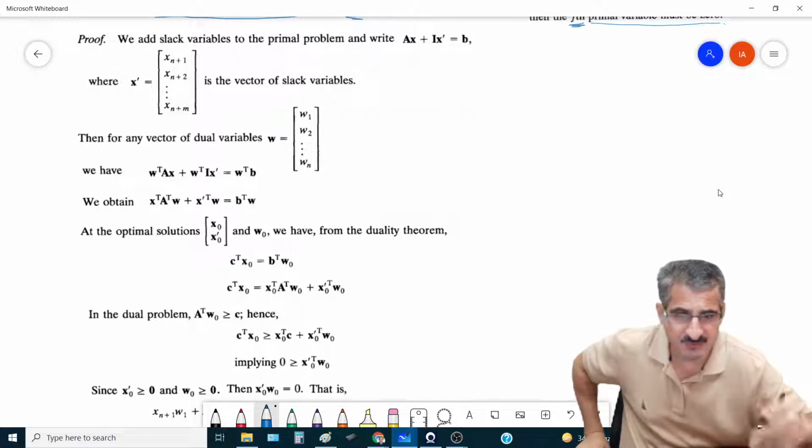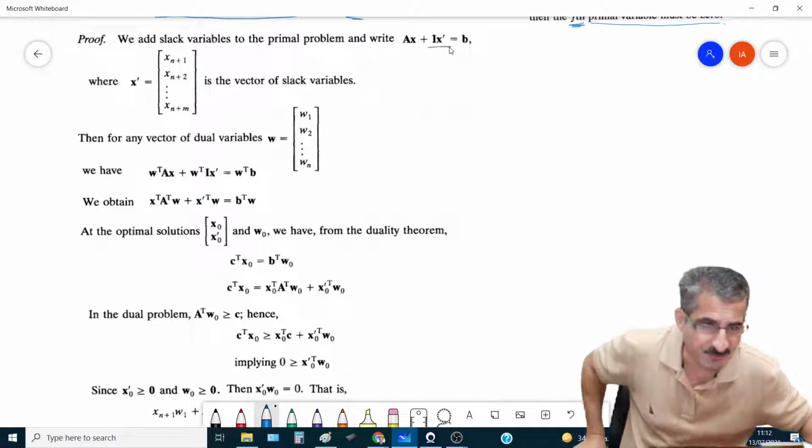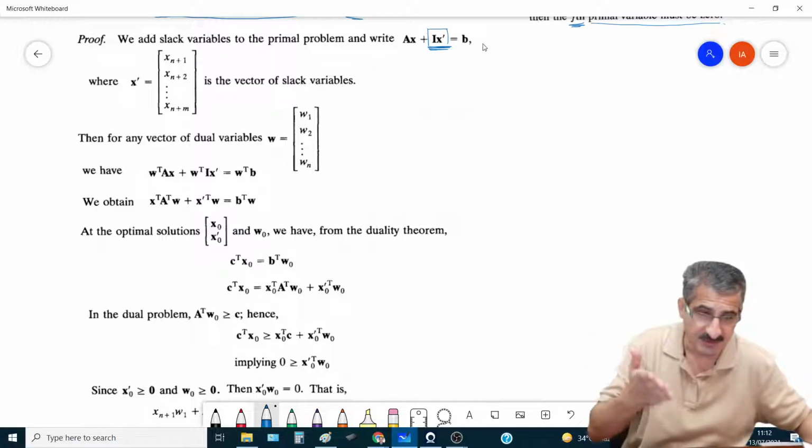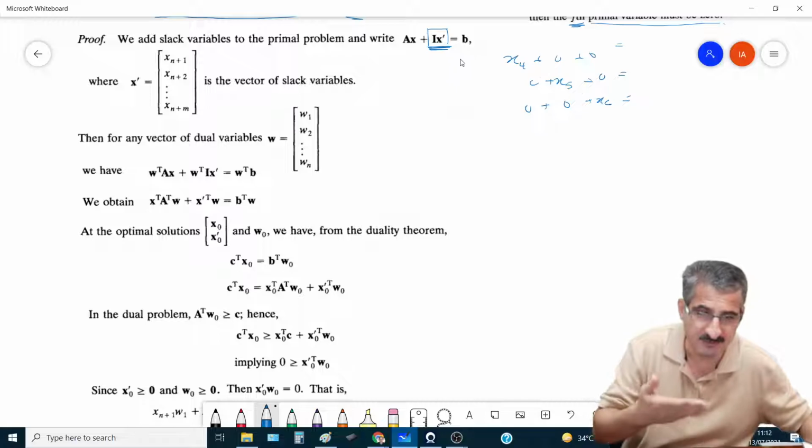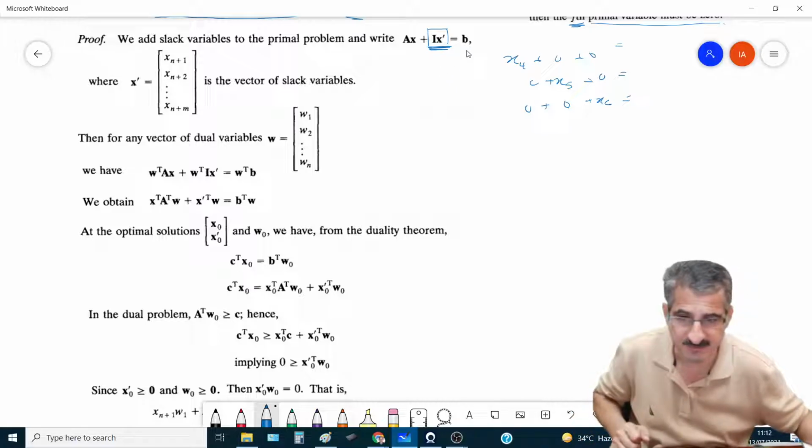Add slack variables to the primal problem. So this part is for adding the slack variables. Remember that? The identity, when we say like x4, x5 and x6, and equals, right? So we will have zeros like this. So this is the identity multiplied by x prime, the slack variables.